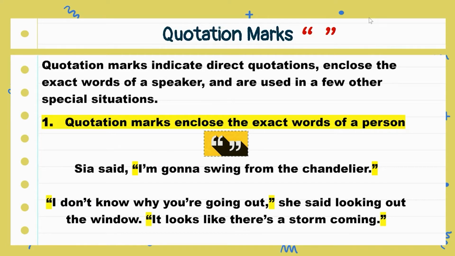Sia said, "I'm gonna sign from the change dealer." "I don't know why you're going out," she said, looking out the window. "It looked like there's a storm coming." You can see the quotation marks.